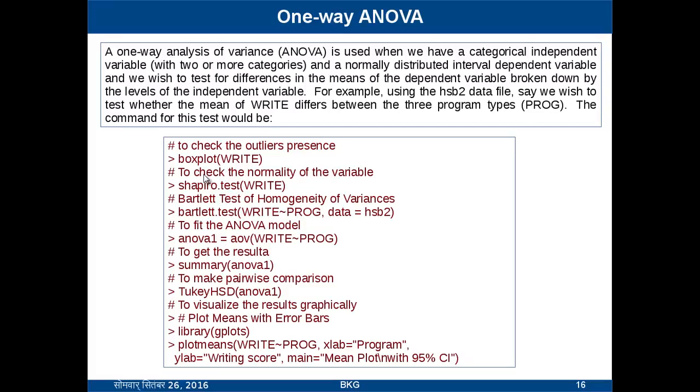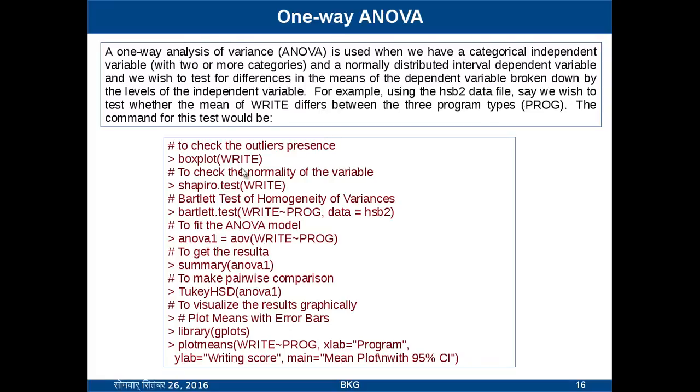Then we have to check the normality of the variable by Shapiro test, and at the same time we have to check the equality of the variances of the writing score of the different types of programs. Then if all these three assumptions are fulfilled, we can apply the ANOVA on the model.